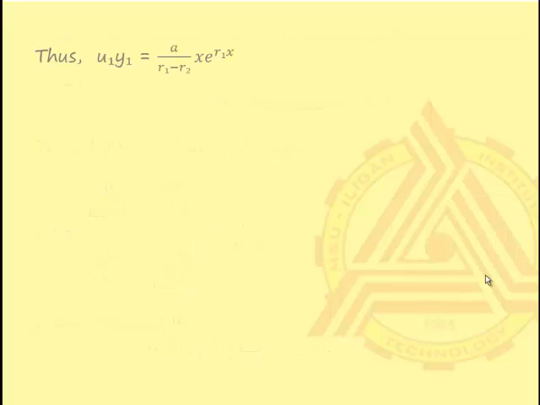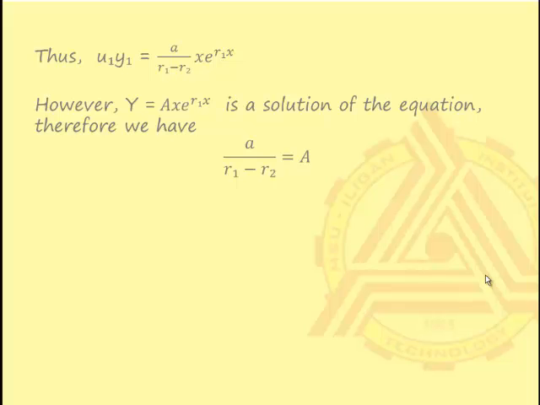Thus, u1 times y1 is equal to a over R1 minus R2 x e to the power of R1x, which is one of the particular solutions. However, y is equal to a x e to the power of R1x is a solution of the equation. Therefore, we have a over R1 minus R2 is equal to a.